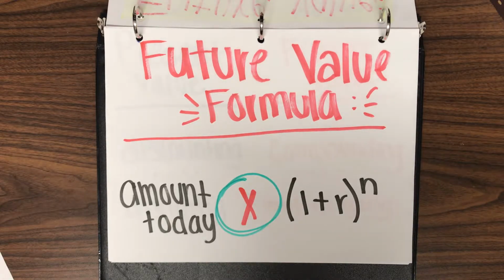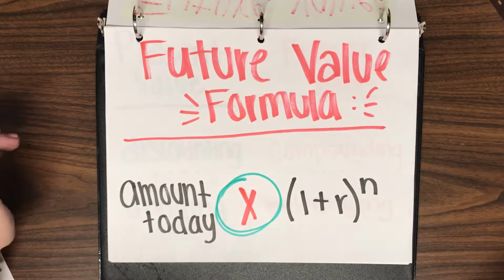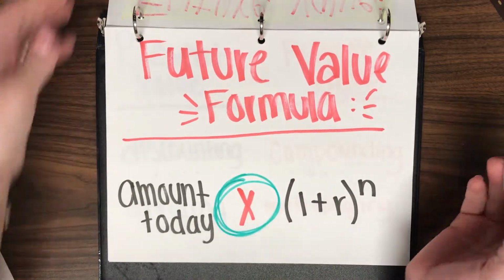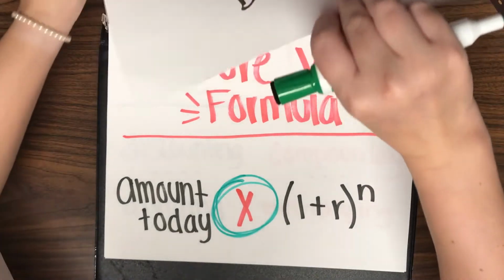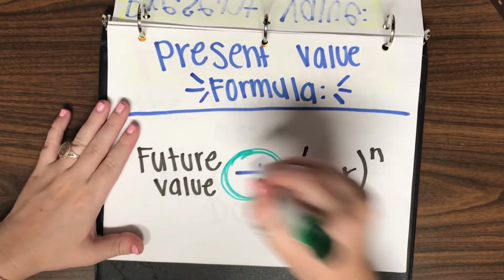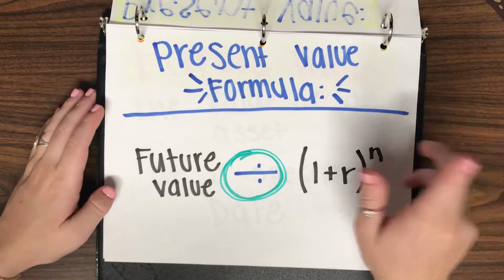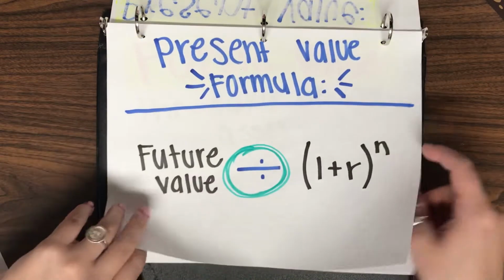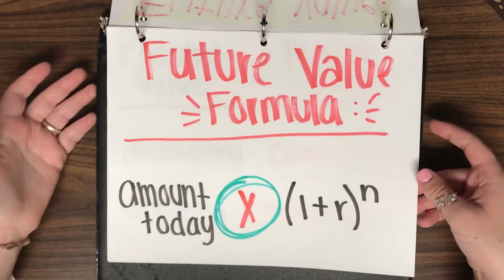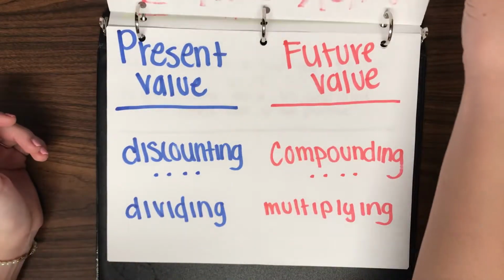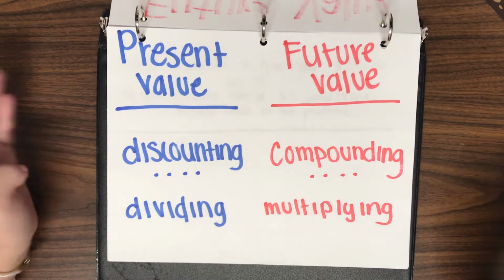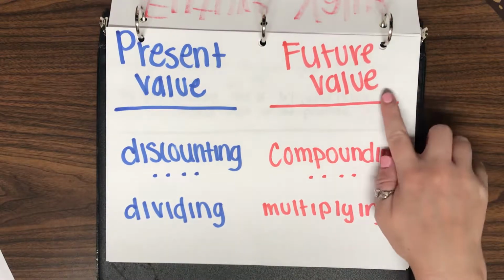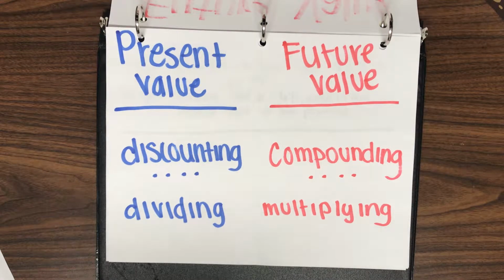While these formulas look similar, it's important to note that future value is multiplication, while present value is division. Also, interestingly, present value cannot be done without future value, and future value cannot be done without present value. Looking at these side by side, present value is discounting or dividing, and future value is compounding and multiplying.